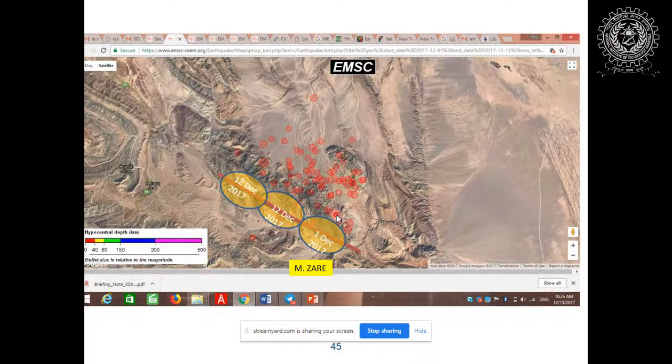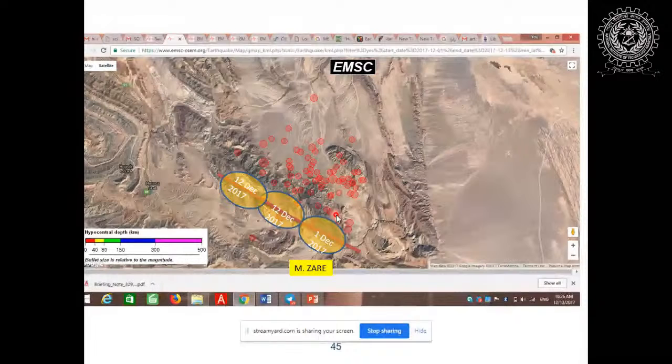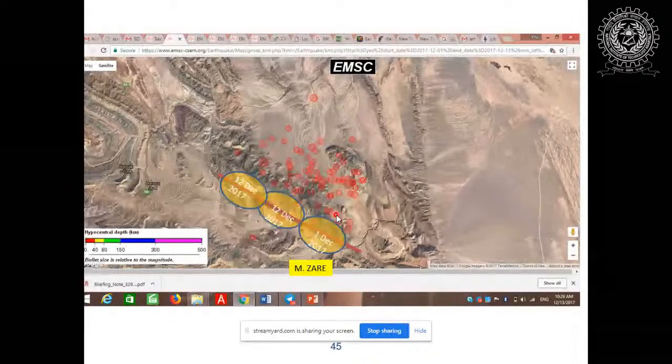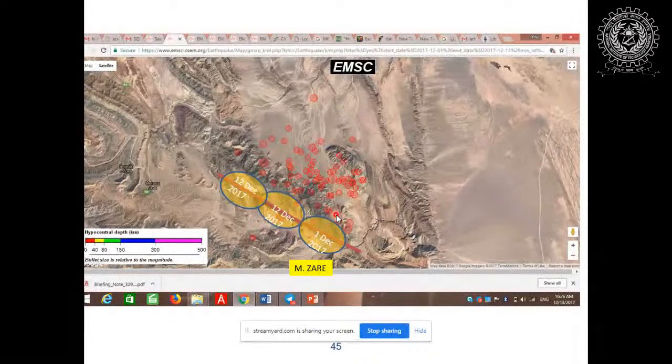Therefore, from 1st December up to 13th of December, we had 3 earthquakes occurring one after another like a domino play on the Kuhbanan fault in northern Kerman. And this shows the importance of seismic clusters in any possible seismic hazard analysis.